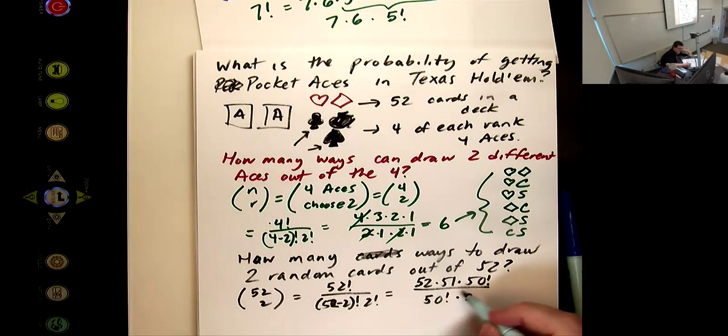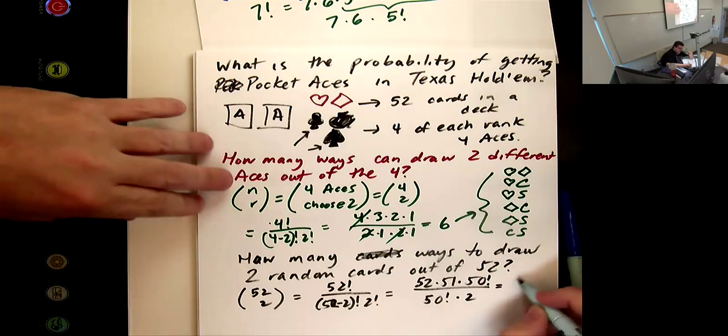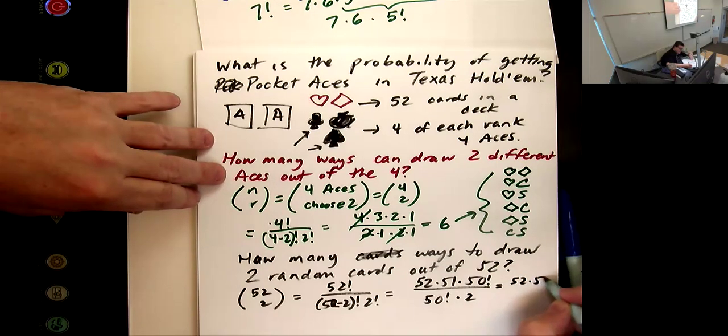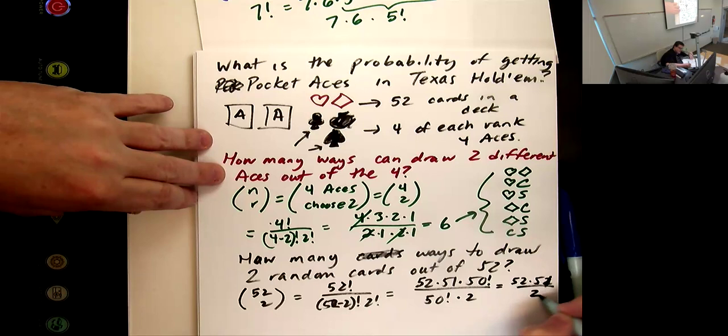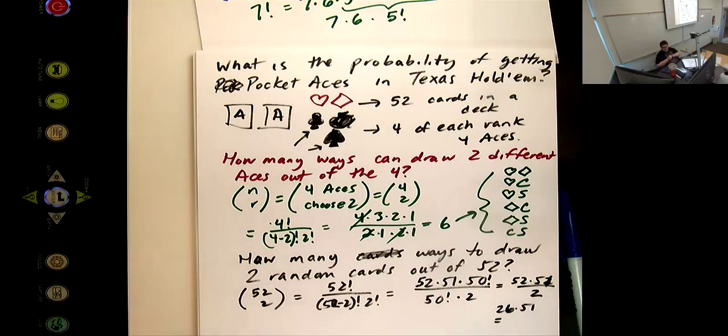The factorials cancel. And I'm left with 52 times 51 over 2, which is 26 times 51, which is 1,326.